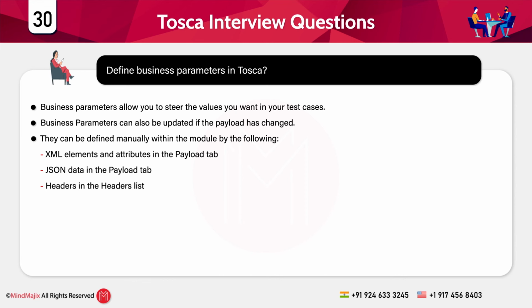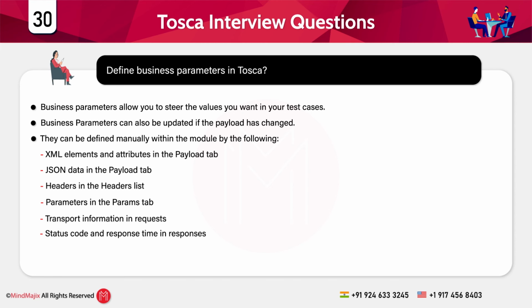Next, headers in the headers list, parameters in the params tab. Then you have transport information in requests, and then status code and response time in response. So these are the various things that you can define manually within the module to define the business parameters.